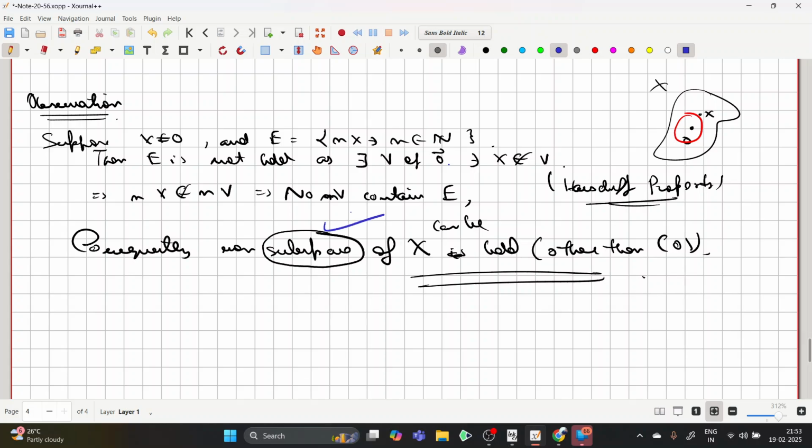And why is it true? You can think of it in this way, because we have closures inside a subspace. So if I presume some number of elements inside that subspace, I can keep on adding them, and I can keep making the subspace larger and larger, so I can never confine it within some neighborhood, some scaled neighborhood, right?